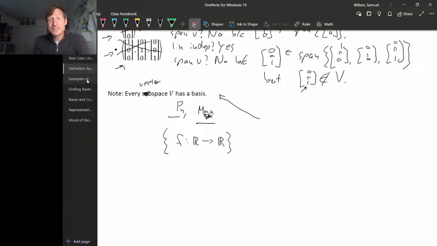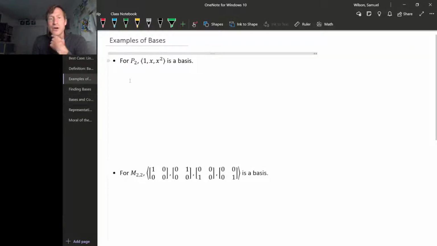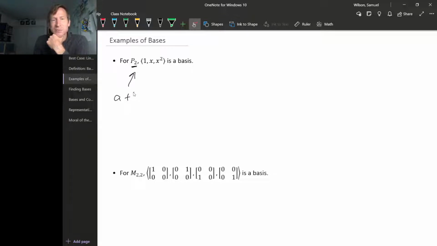Well, let's look at some more examples of bases. For P2, this is the collection of polynomials of degree less than or equal to 2. Every polynomial of degree less than or equal to 2 is going to look like a + bx + cx² for some real constants a, b, and c.